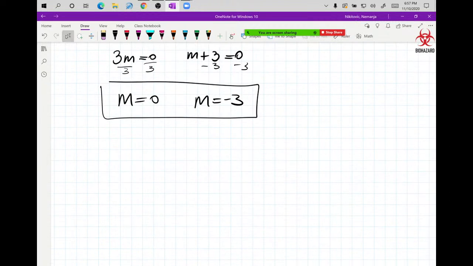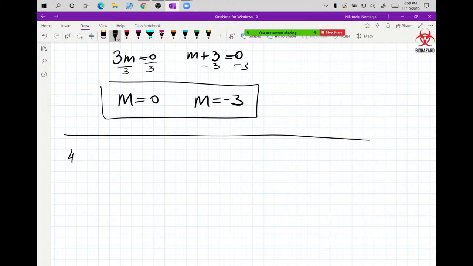This is problem 49. Again, textbook. x squared equals 5x plus 6. Let's see what you get.